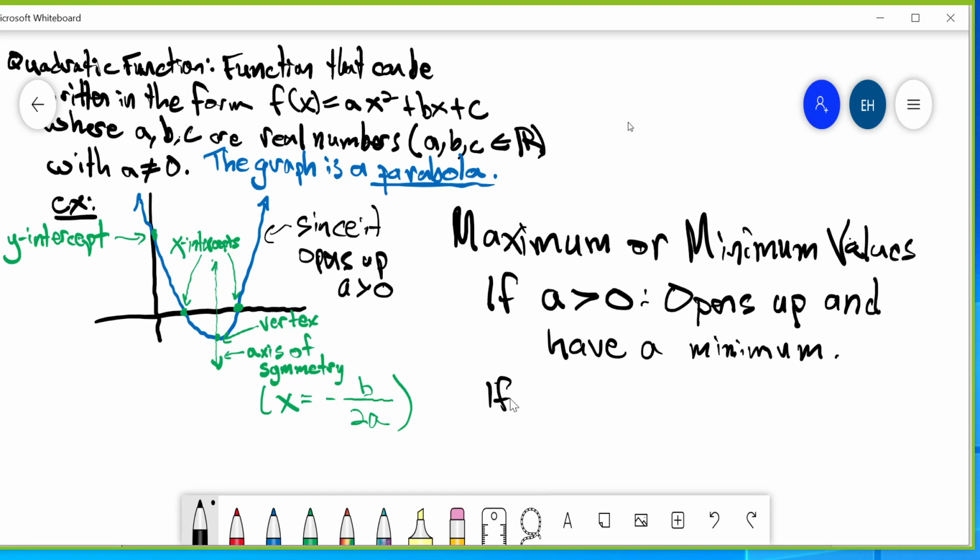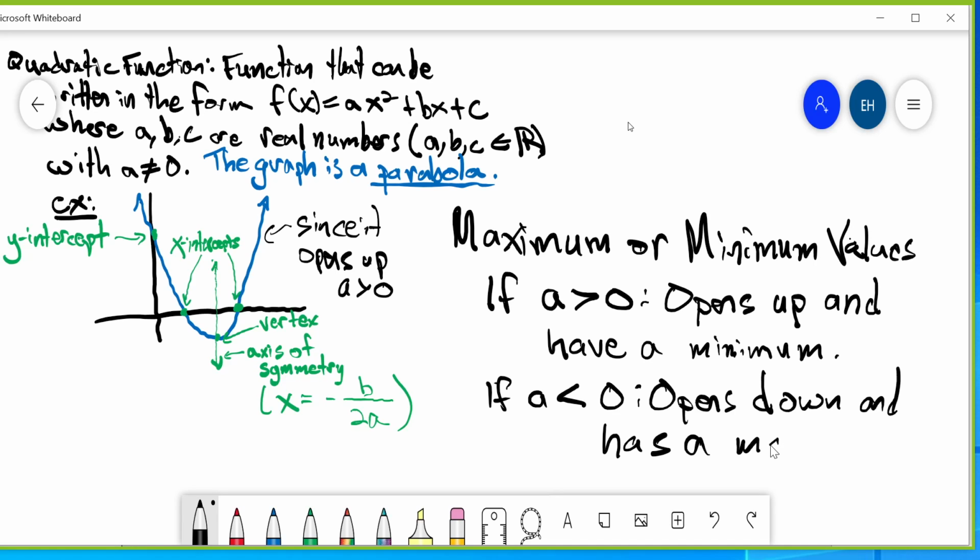Whereas if a is less than 0, it opens down and has a maximum value. Okay. Any questions on that? I'm going to need to scroll off so you won't be able to see this.